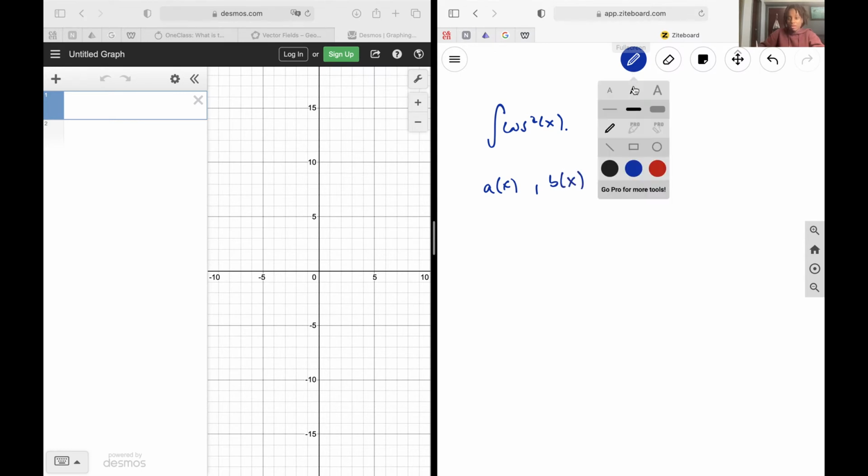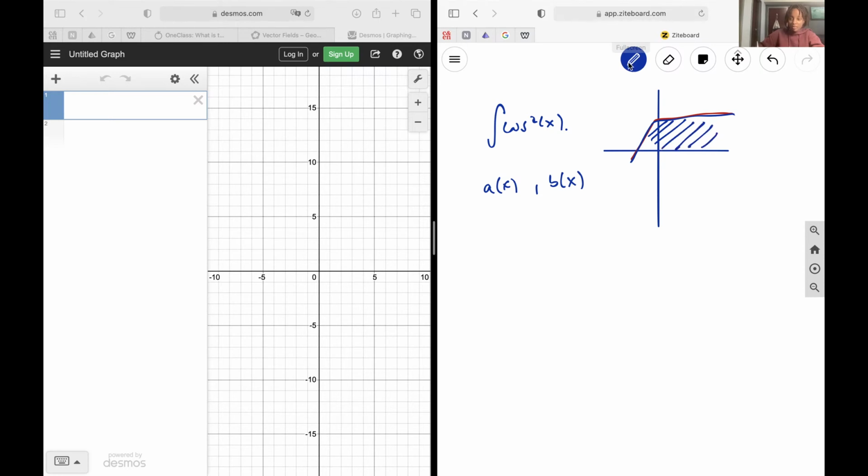If both functions are the exact same, which means that when I plot them, the area under the graph for both of them should be the same. Let's say this is a of x and b of x is the exact same. That means the area under the graph would be the same. And so writing that down mathematically, that means the integral of a of x dx will be equal to the integral of b of x dx. And so this does make sense.